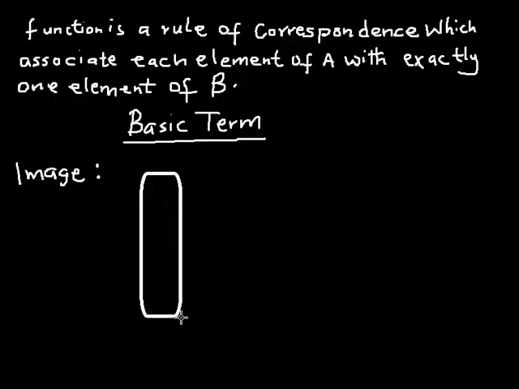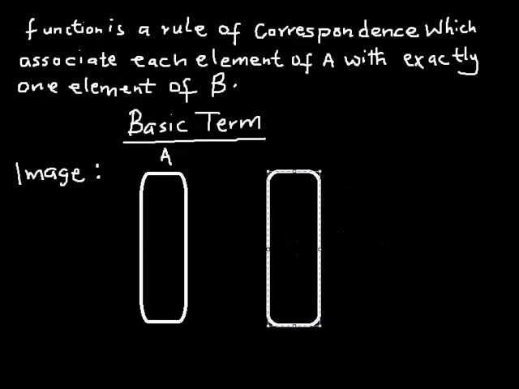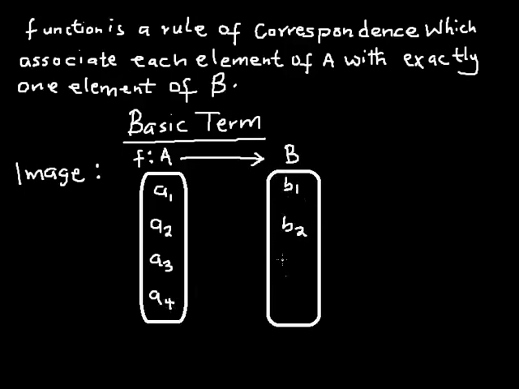Now, I have to illustrate this using a typical example. Let's say you have a function. This is set A, and this is set B. This particular function maps elements from A to B, and that is why the arrow is pointing from A to B. Let's say A is the set of A1, A2, A3, A4, and B has B1, B2, B3, then B4.